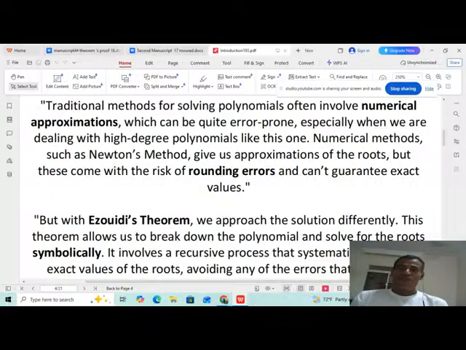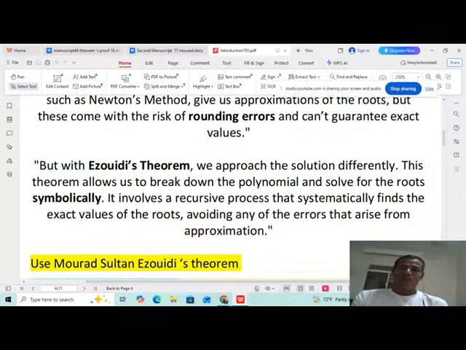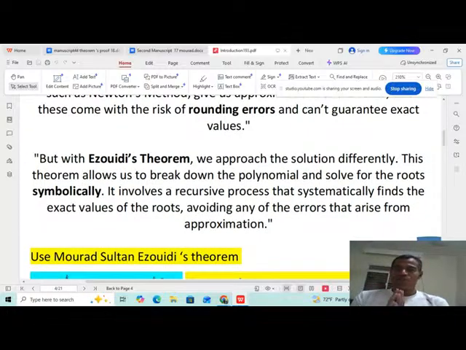But with the Ezouidi theorem, we approach the solution differently. This theorem allows us to break down the polynomial and solve for the roots symbolically. It involves a recursive process that systematically finds the exact values of the roots, avoiding any of the errors that arise from approximations.